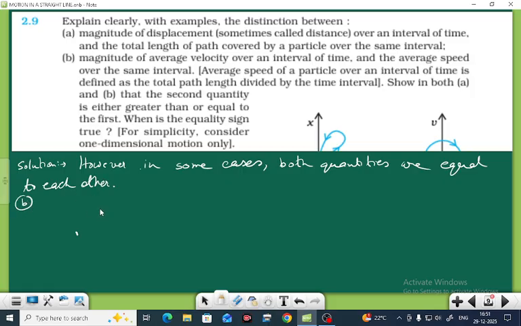Magnitude of average velocity over the interval of time and the average speed over the same interval. What is the difference?